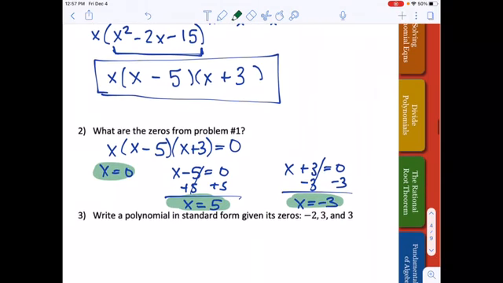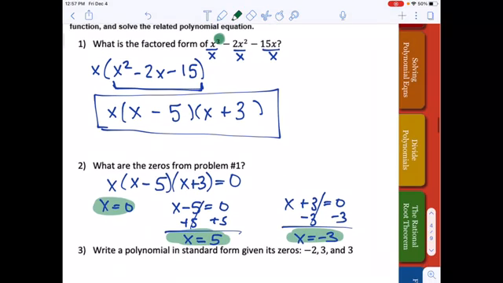Now, if you notice for this next step, when we have a solution to our polynomial, that is just the opposite sign of what we had in our factorization.